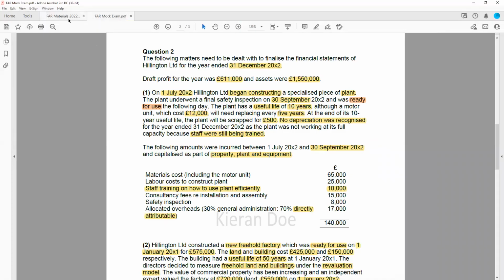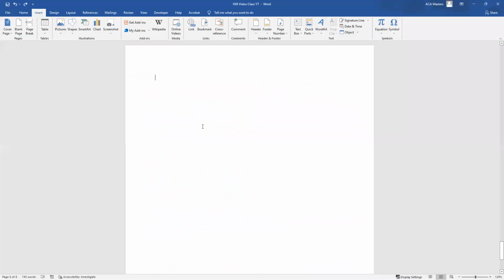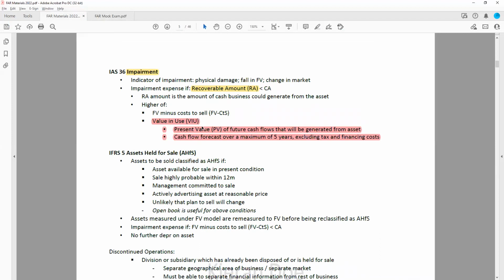Then you'll look back, or you'll do as much as you can and then look back and think, oh, I forgot what value in use was, or something like that. And then you refresh yourself and you'll remember it for next time. Then you try and do it again and reproduce it again, and that time you'll remember it. So it's more active. You're forcing your brain to recall that information.